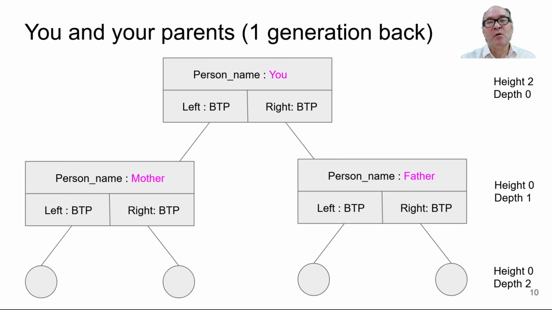Okay? And that will give you a binary tree of people showing you your ancestry going back 2 generations. I'd ask you to go back 10 generations, but that might be hard because you'd have to draw a lot of boxes. How many boxes would you have to draw? Well, that's one of the questions that I asked you on your homework.